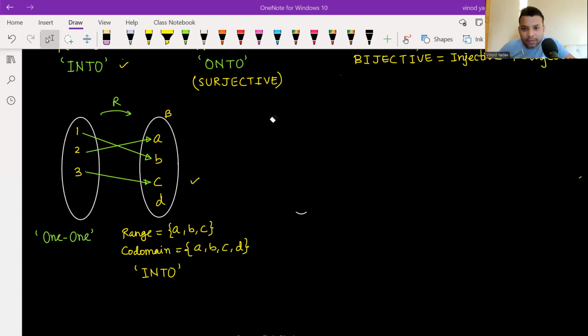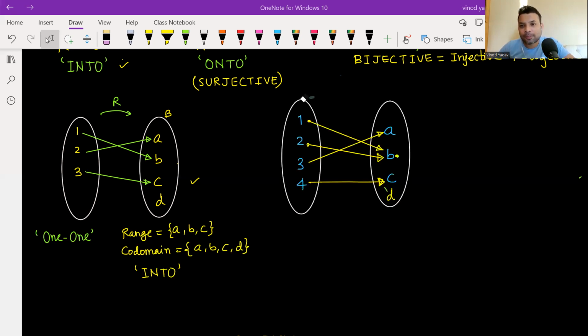All right. Observe this. Is it one to one? No, right? Can you see here? Element B in the codomain has two pre-images. One is connected to B and two is also connected to B. So in this case, I cannot call it one to one.